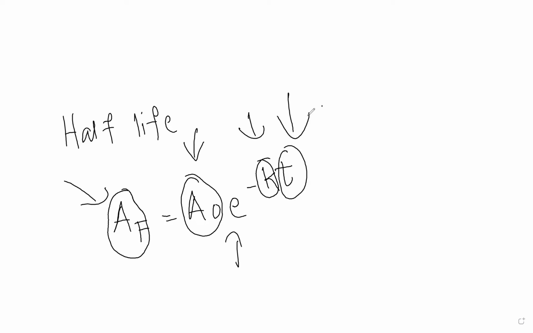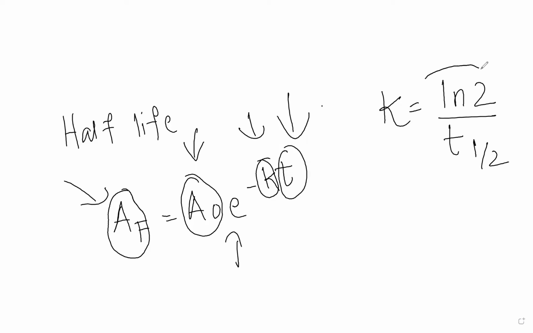Now, A final, A initial, and the time period are all experimental values. You find them through experiments. But the decay constant is linked to something else. You derive the decay constant from this formula: k equals ln of 2 divided by t half, the time required to decrease something radioactive to half.